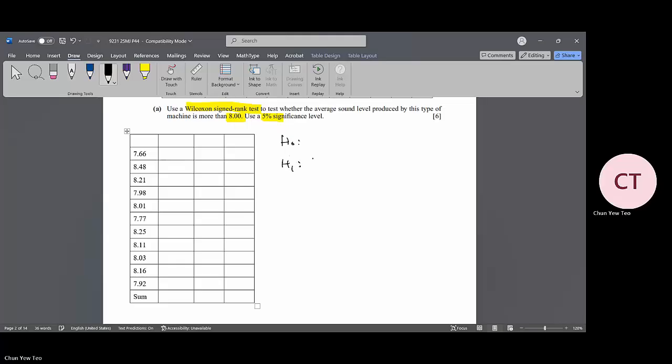Since it's Wilcoxon, we will use the median. The population median M is equal to 8.00 versus the alternative hypothesis, the median is more than 8.00. This is stated in the question.